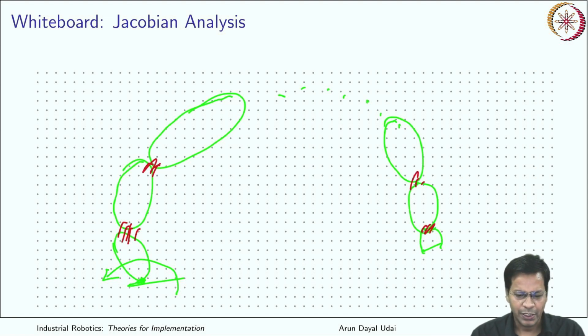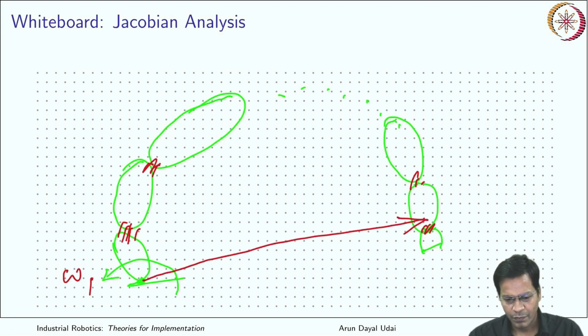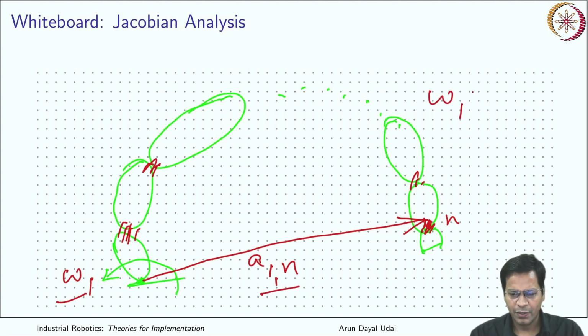So what will you see? If this is your angular velocity omega 1, you have a distance like this, a1n. If this is your nth frame, then 1 to n is this distance. So the velocity arising due to omega 1 will be omega 1 cross a1n.